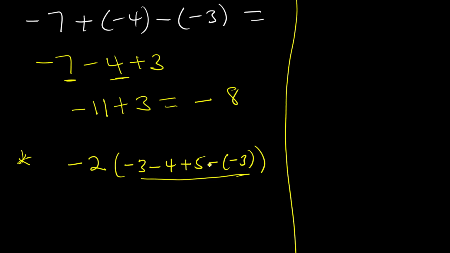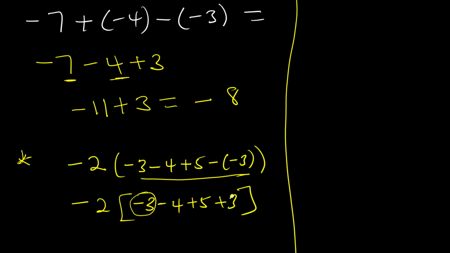I have minus here, so I have -2. Let me introduce this bracket. So minus will be plus, so we have -3 minus 4 plus 5 plus 3, because minus is plus 3.